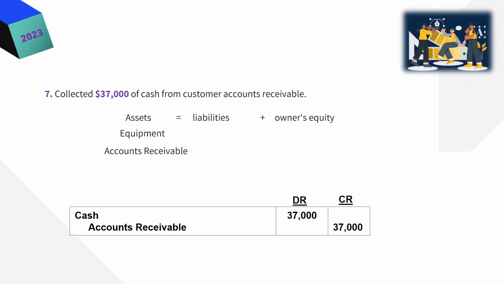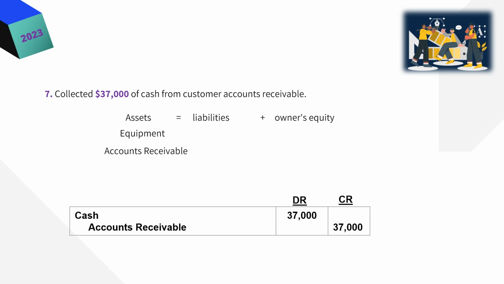Our next transaction indicates that we collected $37,000 of cash from customers that we had previously made sales to on account. We're collecting some of these receivables. In this particular transaction, we are receiving cash. The amount is $37,000, an increase in cash, which would be on the left-hand side, because all assets are increased with debits.